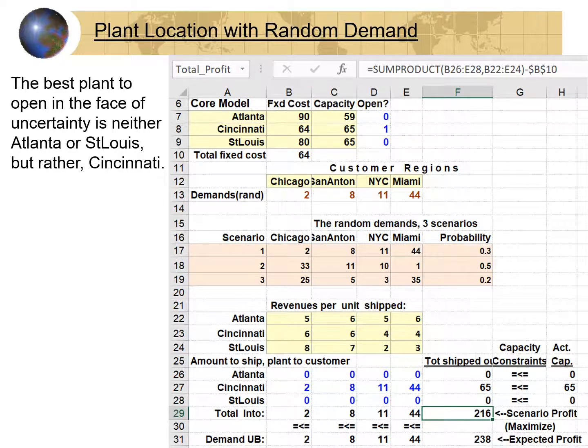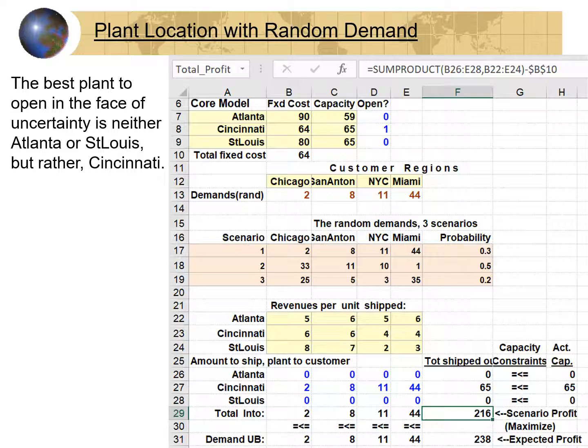If you look in row 8, it appears that the best plant to open is Cincinnati, not St. Louis or Atlanta. So Cincinnati is not best for any single scenario, but it's the best one in a hedging sense, in that it doesn't do poorly in any of the 3 scenarios. To understand this, look at the revenue per unit shipped table down in rows 22 to 24.